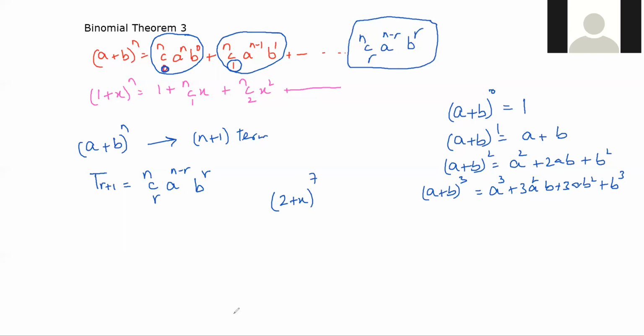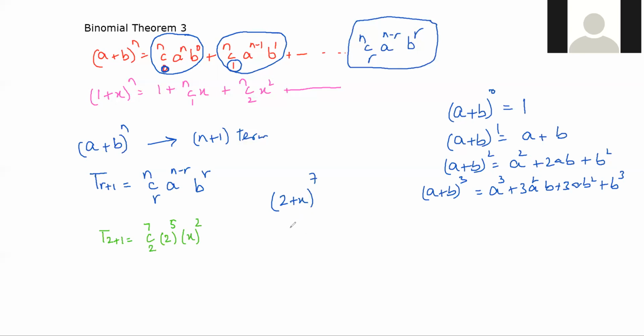We don't need to expand this fully and then see which is the third term. Third term means this has to be T(2 plus 1), so your n is 7. This is 7C2, your a is 2, so you have a power 5 here, and this is x, and you have a power 2 here. So this is going to be your third term.